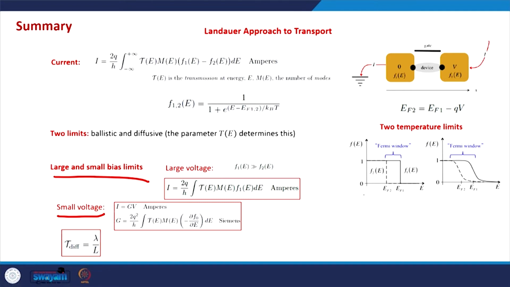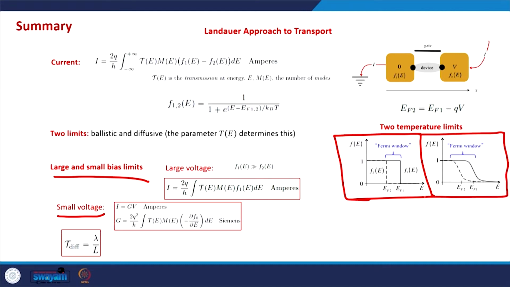And at extremely low temperatures, this entire analysis becomes pretty easy to understand. And at higher temperatures, since the Fermi window, the idea of Fermi window or this term F1 minus F2, becomes quite complex, and that is why we need to use the Fermi-Dirac integrals.